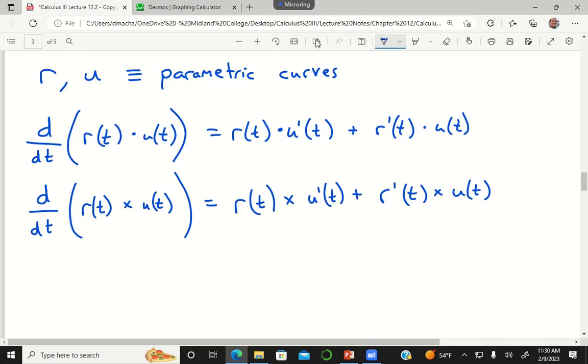So again, looks just like the product rule, so that should be pretty easy to remember. Just remember that for parametric curves in 3D space, or for vector valued functions with 3 entries in the value of the function, that the product rule works with both the dot product of those and the cross product of these functions.